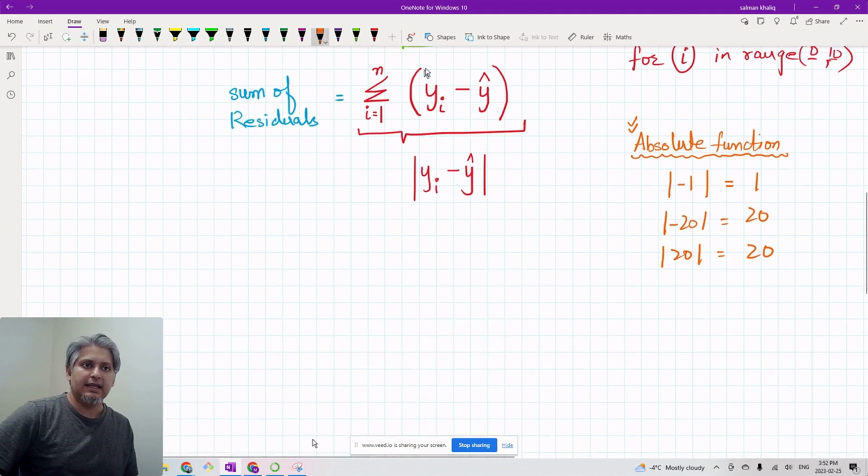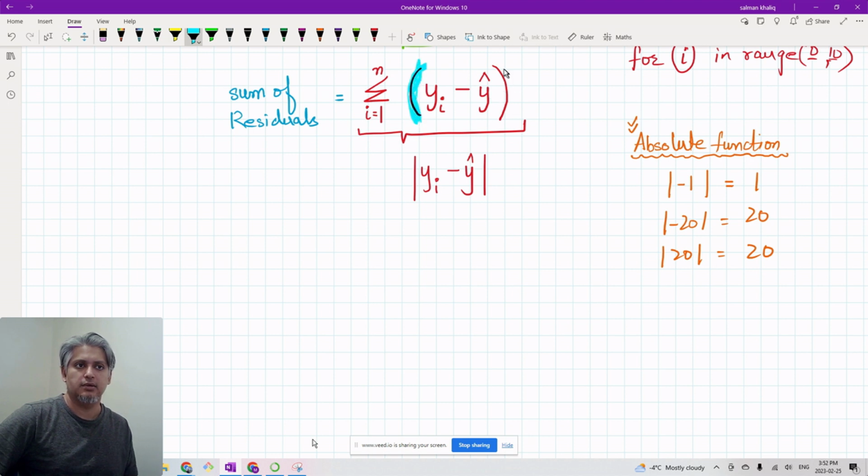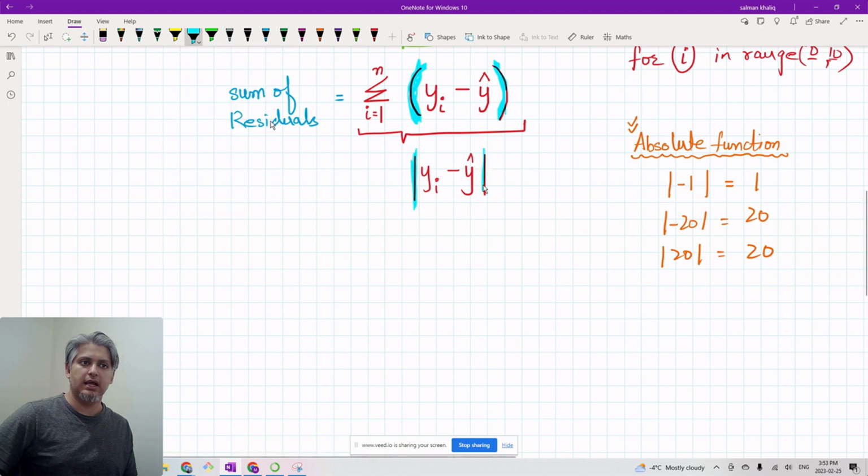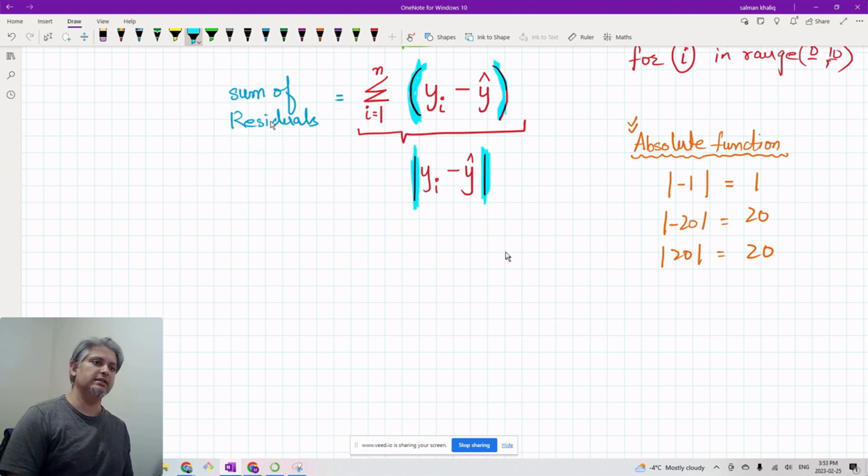Which means over here, I can replace this bracket, and this bracket, and this bracket with these bars. When I replace the brackets with these bars, what I end up doing is simply ignoring all the signs.